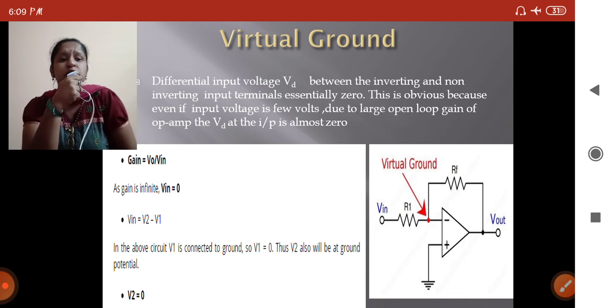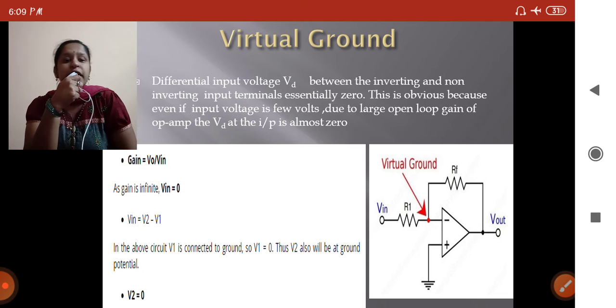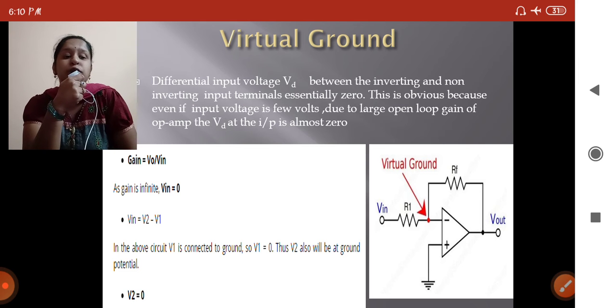The definition of the virtual ground is that the differential input voltage VD between the inverting and the non-inverting input terminals is essentially zero. This is obvious because even if the input voltage is a few volts, due to the large open loop gain of the op amp, the VD at the input is almost zero.